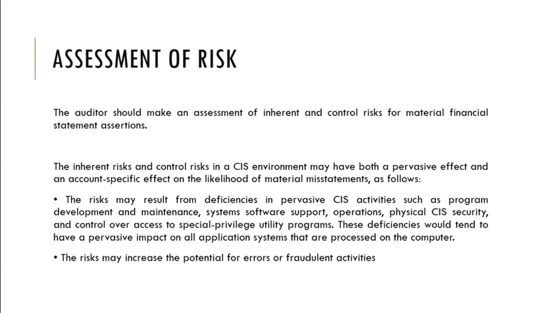Then system software support, also applicable to all computer networks. Physical CIS security. When we say physical CIS, the physical hardware itself, who can access it, who can touch it. And control over access to special privileged utility programs.